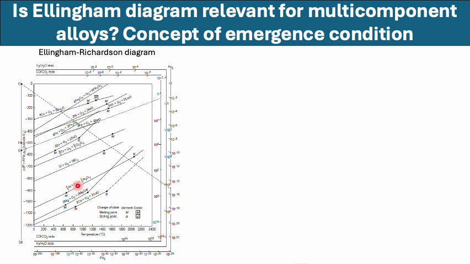is it the same in a commercial alloy, which will have multiple elements in the alloy? The elemental oxidation need not behave exactly the same as it would in, let's say, pure aluminum.